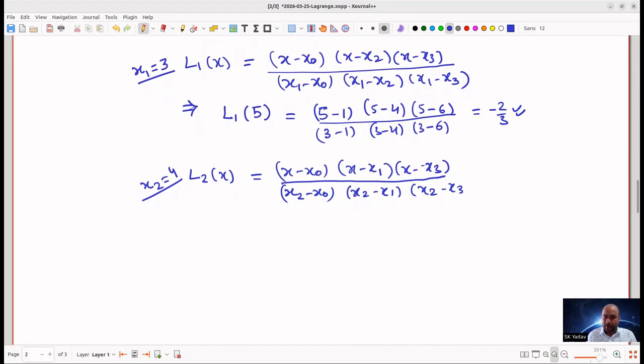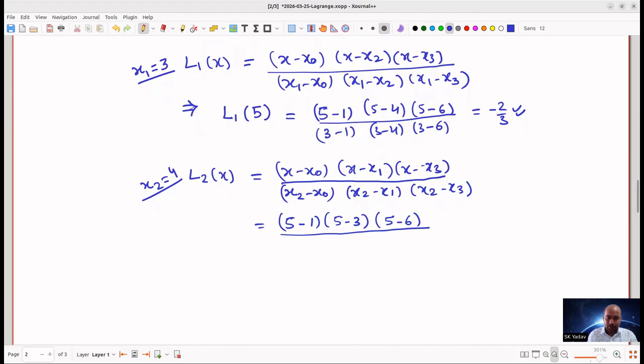So let us compute this. I have this factor equal to 5 minus 1, then 5 minus x1, which is 3, and then 5 minus x3, which is 6. Divided by x2 minus all the numbers.